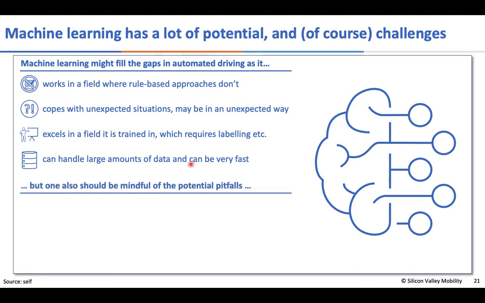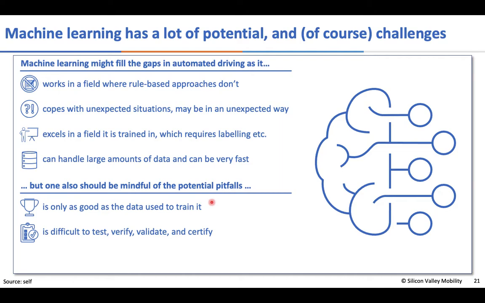But one should also be mindful of the challenges and pitfalls. It's only as good as the data used to train it. And what if you train it in a wrong way? What if it never saw a certain animal and all of a sudden it sees this animal and says, I have no idea what that is, I was not trained to look at it. And it's actually very difficult to test, verify, validate, and certify.